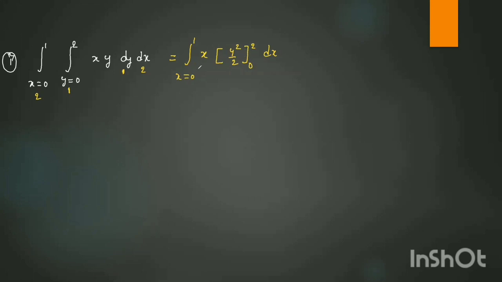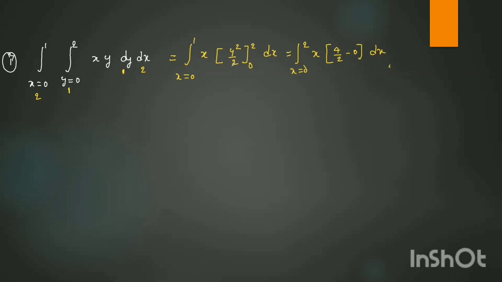Now, before integrating with respect to x, simplify this. What is the answer you get if you simplify this? Keep the other term as it is. x is equal to 0 to 2, x. Simplify. In place of y, I need to substitute 2. So what do I get if I substitute 2? 2 times 2 is 4 by 2 minus 0, dx.